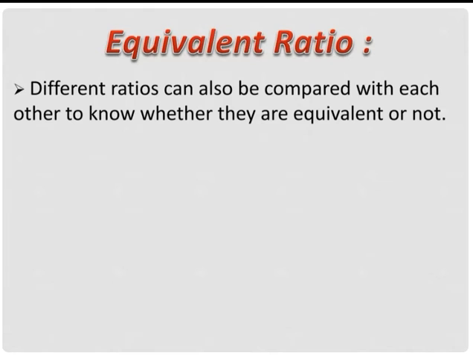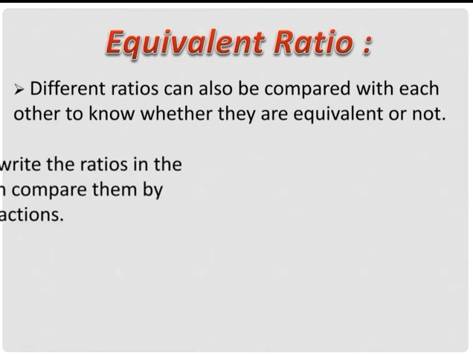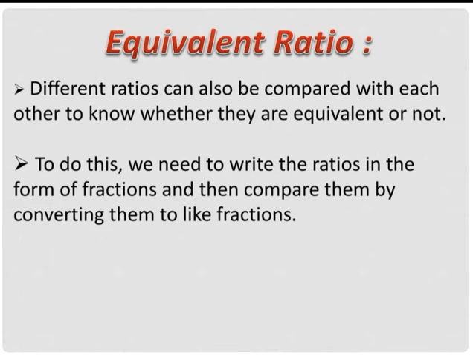Different ratios can also be compared with each other to know whether they are equivalent or not. To do this, we need to write the ratios in the form of fractions and then compare them by converting them to like fractions. You have already learned what like fractions are.